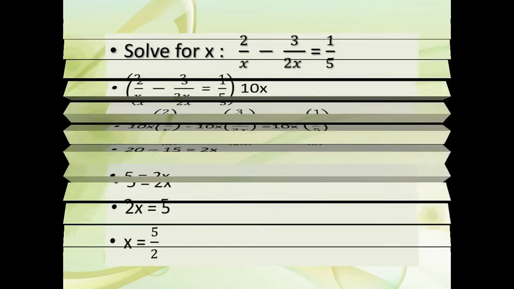Let's check. So if x is equal to 5 over 2, so 2 over 5 over 2 minus 3 over 2 times the quantity 5 over 2 is equal to 1/5. So here, you're going to cancel out 2, since it is common to numerator and denominator. So 2 times 2/5 minus 3/5 is equal to 1/5.